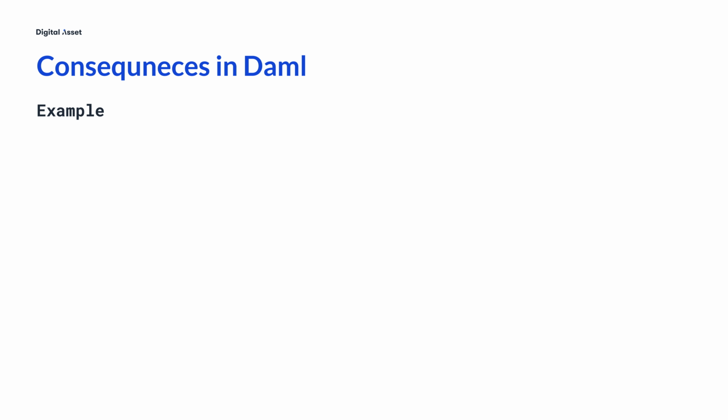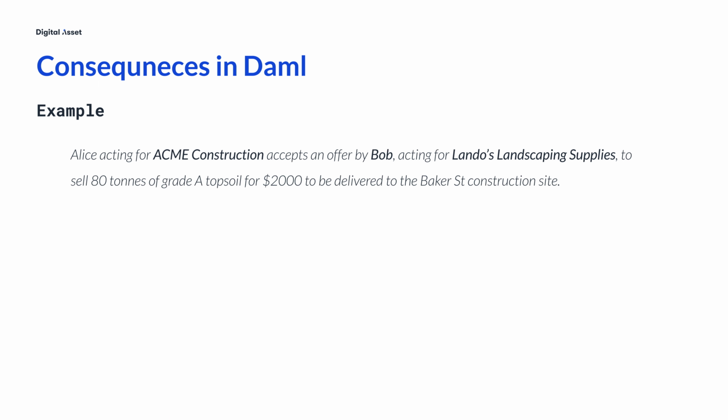Now, if we consider our landscaping example, we have Alice, acting for Acme Construction, accepts an offer by Bob. Bob is acting for Lando's Landscaping Supplies to sell 80 tons of Grade A topsoil for $2,000. The topsoil is to be delivered to the Baker Street construction site. When we break this down, we have the decision maker, which is the user, Alice, when Alice accepted the offer.